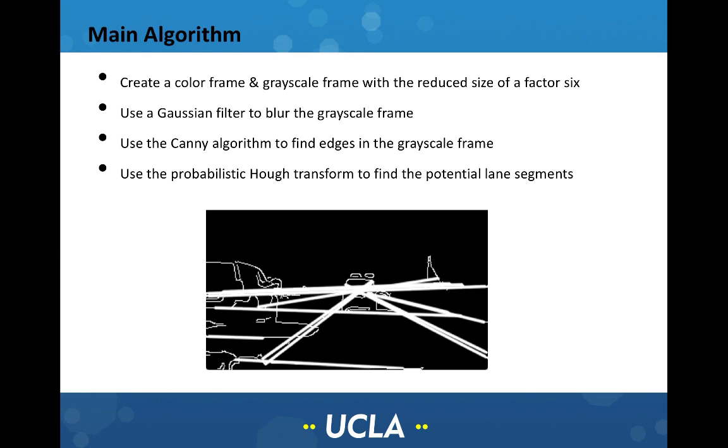Also, we use a probabilistic Hough transform to find the potential lane segments. And here is a figure that we get from the result of the Hough transform. From this figure, we can see that the right lines are extracted from the Hough transform and we can use them to extract the desired lanes we want.